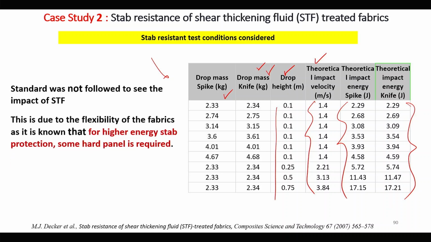So, this standard is not followed, and this is due to the flexibility of the fabric. It is known that for higher energy stab protection, some hard particle is required.